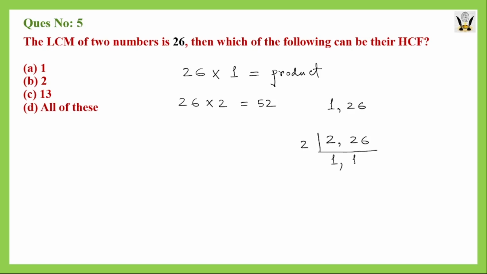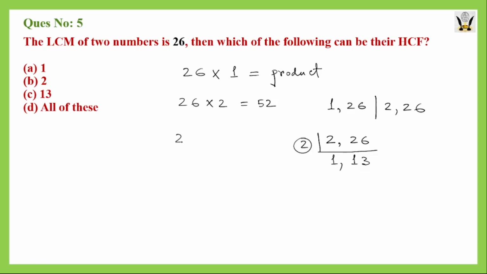This will be 1, this will be 13. So what is the HCF value? HCF value is 2 and LCM value is 26. That means another possibility is those two numbers could be 2 and 26. And when we multiply these two values, that value is 52, that is satisfying. So another possibility is that the HCF value could be 2.